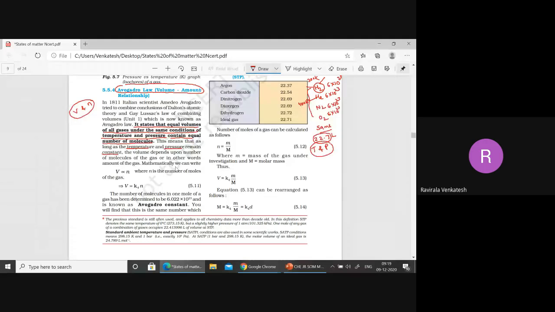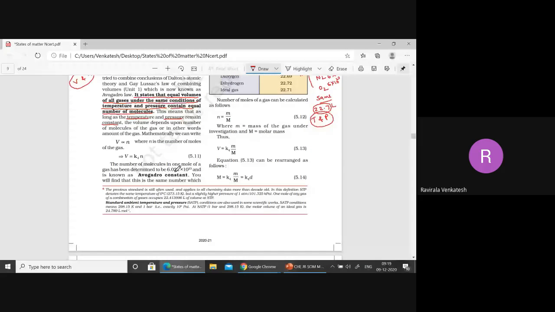Now you already know molecules are directly proportional to moles. For example, 1 mole carries how many molecules? Na molecules, which means 6 into 10 to the power of 23. If you decrease the number of molecules, moles decrease.